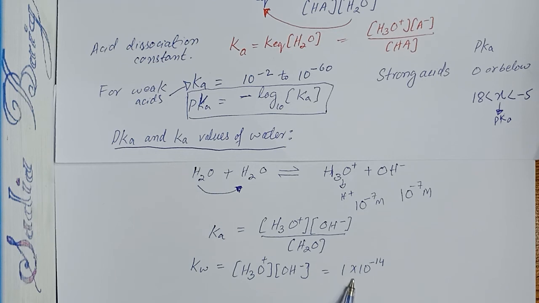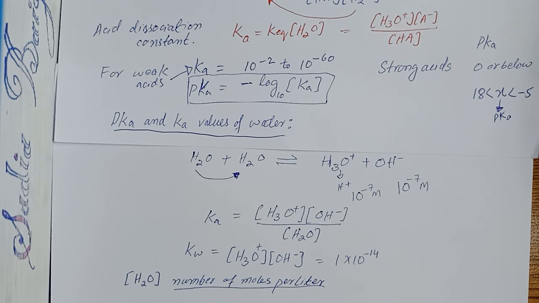So we can substitute the value of 10⁻¹⁴ for the numerator of the Ka expression, and the concentration of the water must be given in number of moles per liter, and that is calculated as follows.